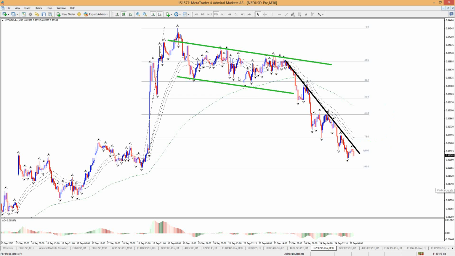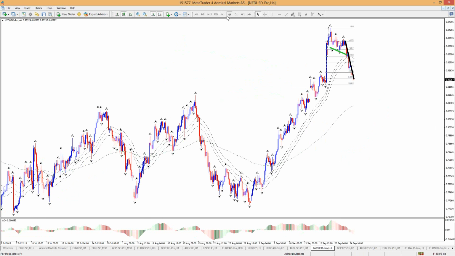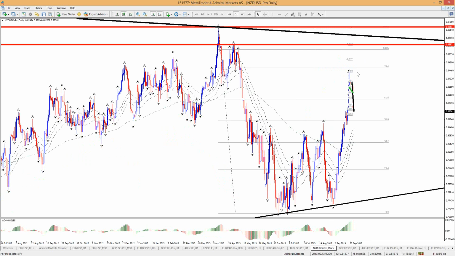So I'm not sure what's happening with the Kiwi. I think it's in depression, and it's not feeling all too well at the moment, it has a fever and is in bed, because no idea why the Kiwi is dropping that fast. Although we did come close to the 786 fib, but well, that could be it. Who knows? We traveled really a lot in one go.